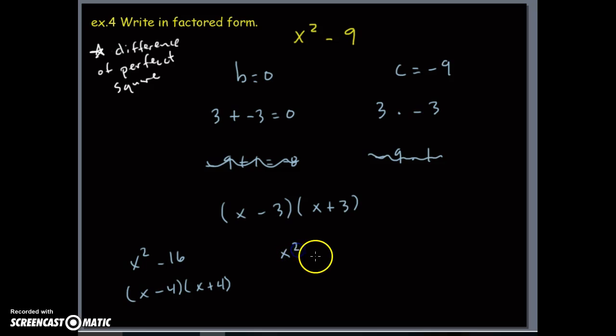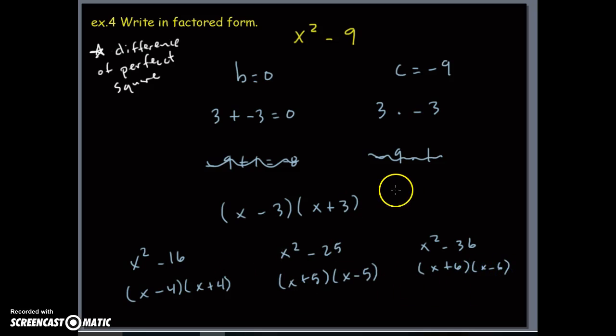Or let's say you had x squared minus 25, right? 25 is a perfect square. The square root of 25 is 5. So our factors would be x plus 5 and x minus 5. So these are special types of quadratics that are fairly easy to identify because the constant is a perfect square, a number that gives you a whole number when you take the square root of it. So x plus 6, x minus 6, and we could keep going on and on, but hopefully you kind of see the pattern here.